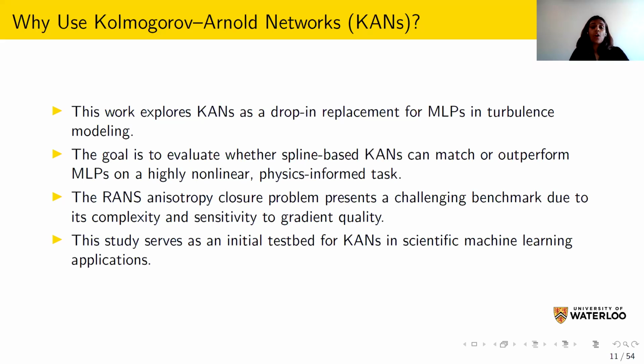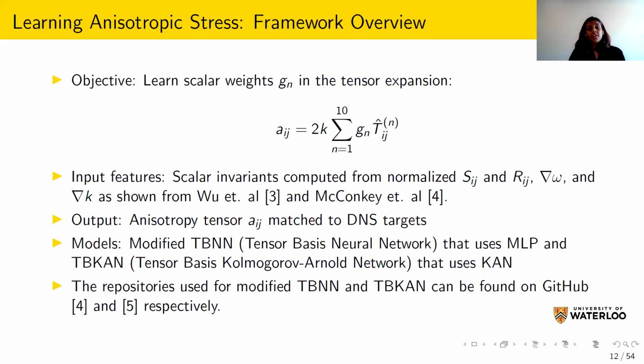The RANS anisotropy closure problem is a challenging benchmark because of its complexity and also the high dimensional vector space that we would be working in. Again, I want to reiterate that this study is an initial testbed for KANs in scientific machine learning, and the whole idea was testing the claim whether they are better than MLPs or comparable.